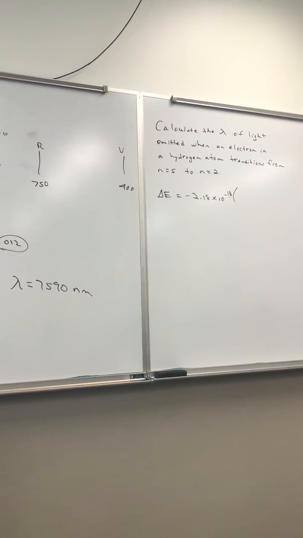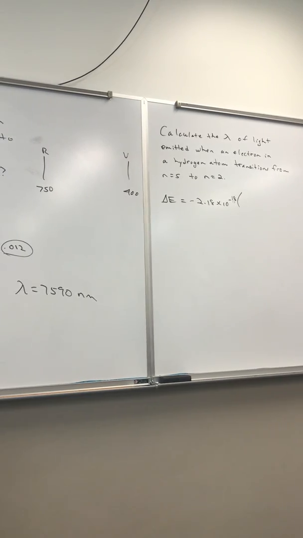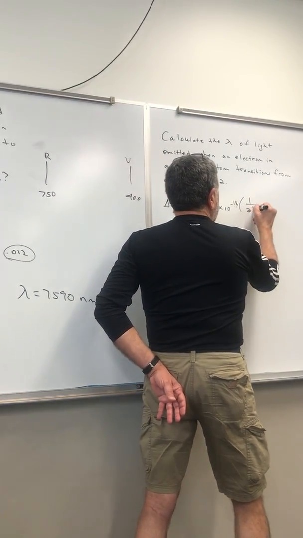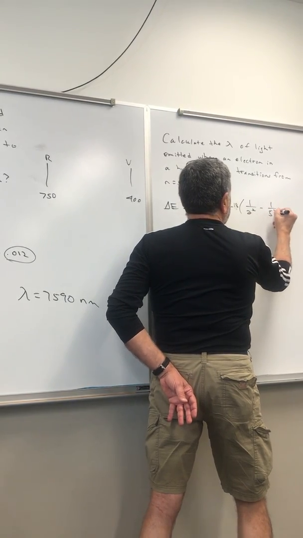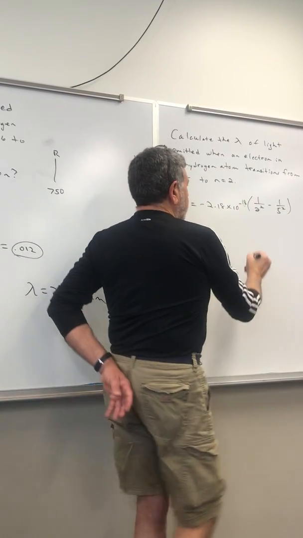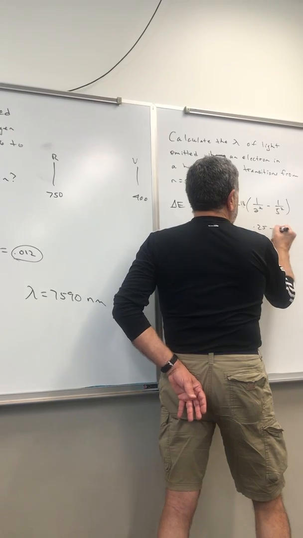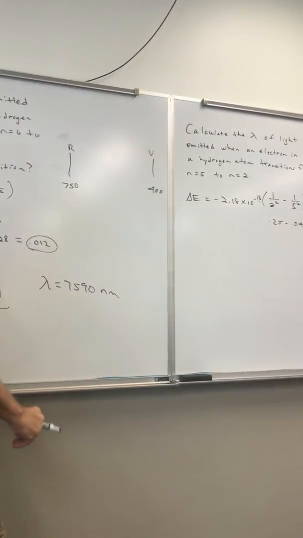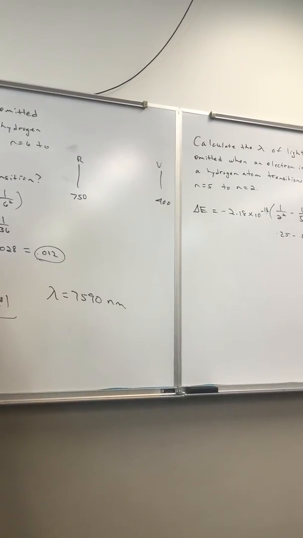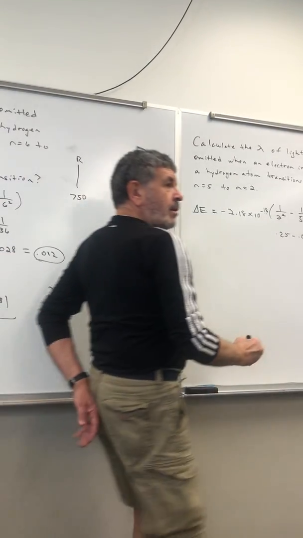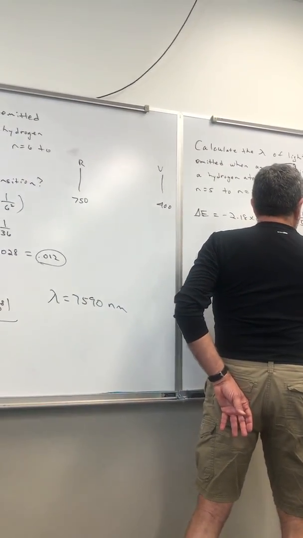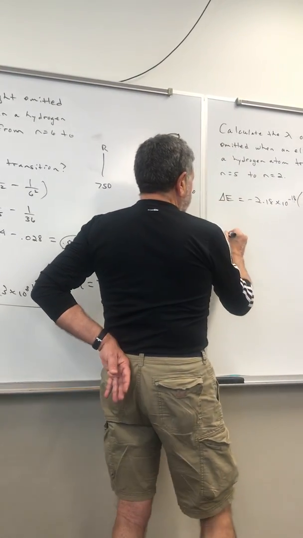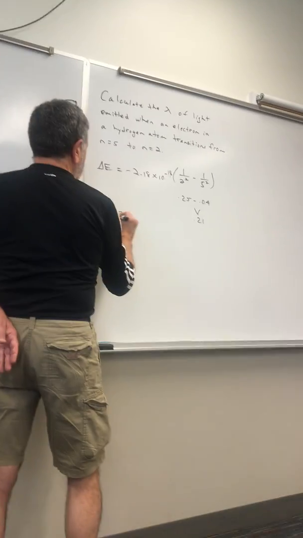Final is 1 over 2 squared, and initial is 1 over 5 squared. So this is 0.25 minus 0.04, and that should be 0.21. 0.21 times that will give us the energy of the electron.